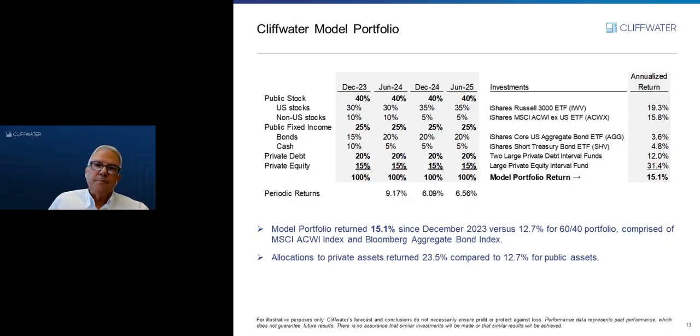So final slide, and then pleased to take questions. I introduced this model portfolio about a year and a half ago, just to put down on paper how we would construct a portfolio. I know people have tens or hundreds of model portfolios for individual circumstances, and no one size fits all.